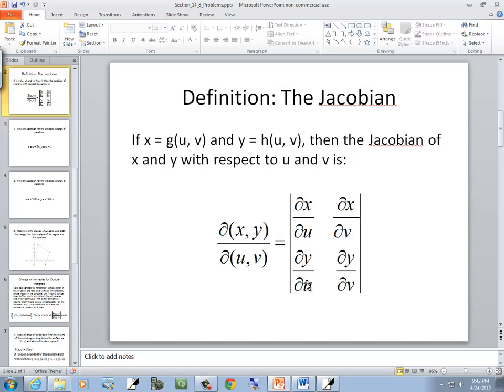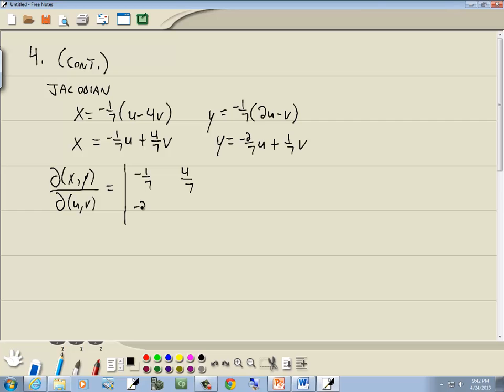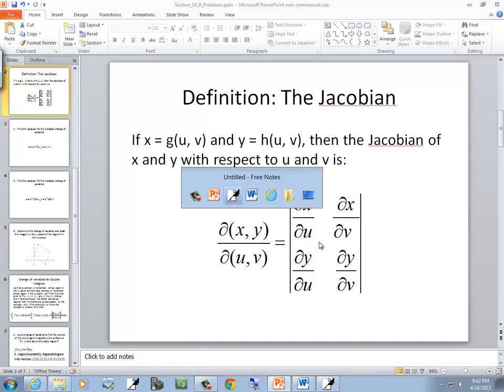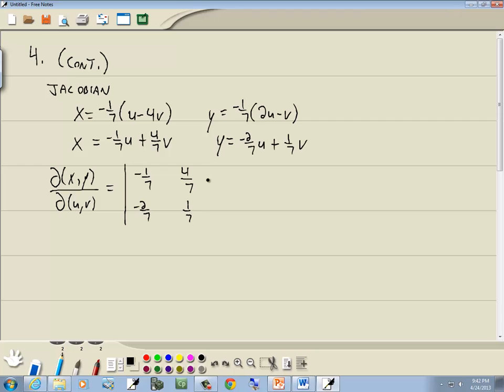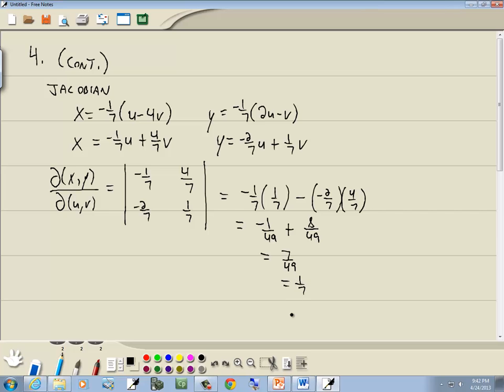Then down here, partial y with respect to u would be negative 2/7. And partial y with respect to v would be 1/7. Which would give us negative 1/7 times 1/7 minus negative 2/7 times 4/7, which gives us negative 1/49. Negative negative gives us positive. 2 times 4 is 8 over 49, which gives us 7/49, which gives us 1/7. So that's our Jacobian.